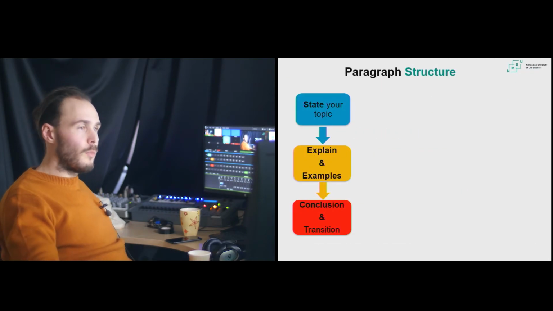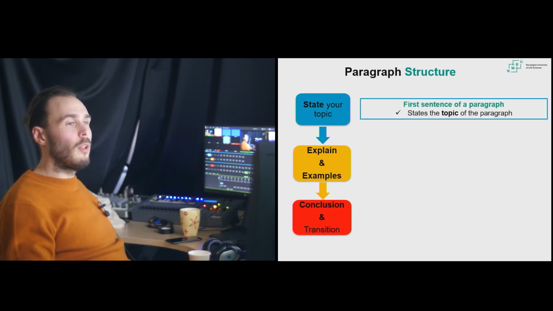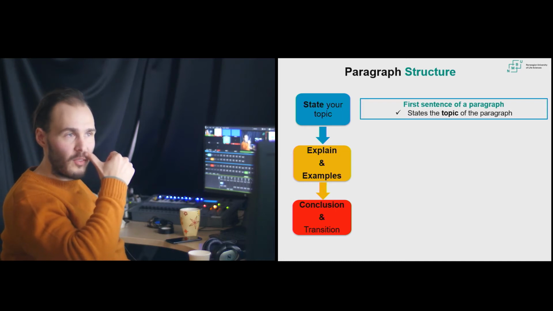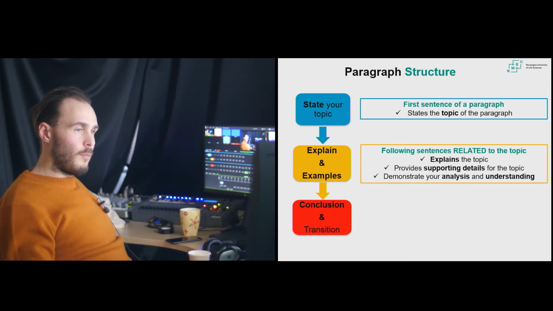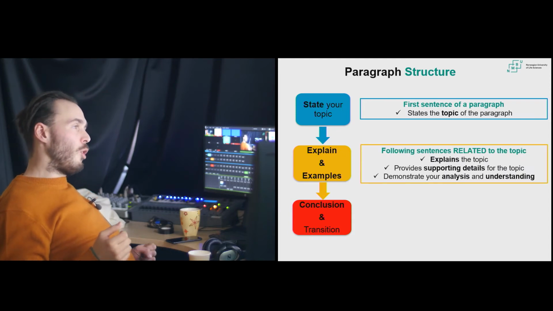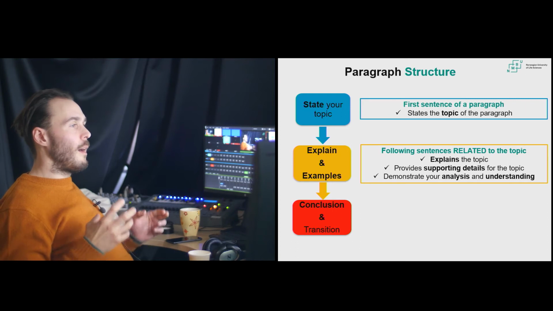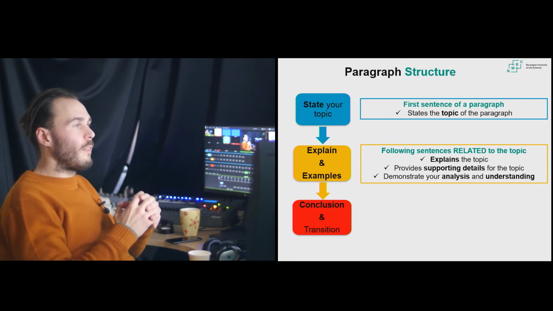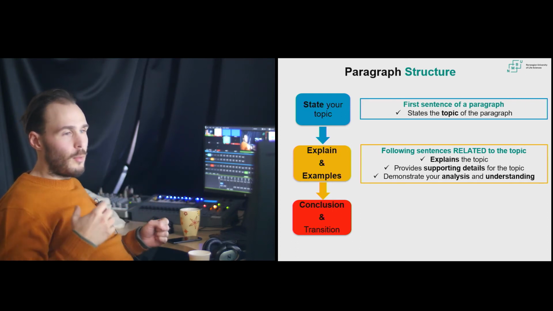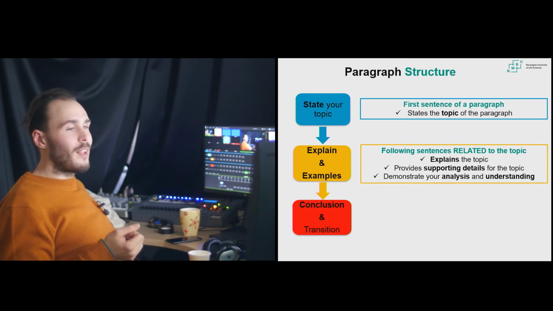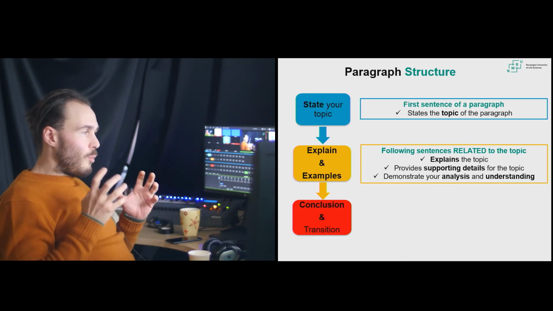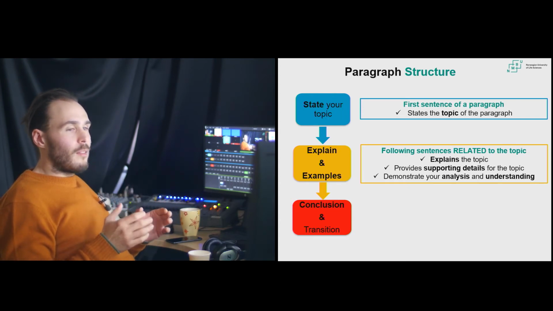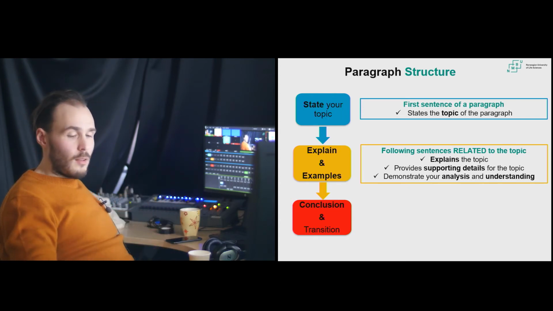So first of all, you state your topic, and this is what we call a topic sentence. This would be the first sentence of a paragraph. And then the following sentences are all about explaining the content of the topic sentence. So it explains the topic, it provides supporting details, and at this point, you really want to demonstrate your analysis and your understanding of the specific topic.